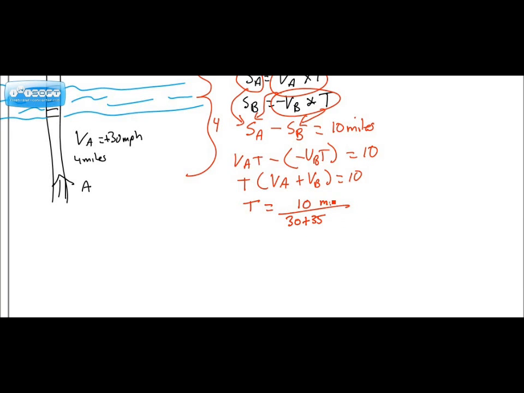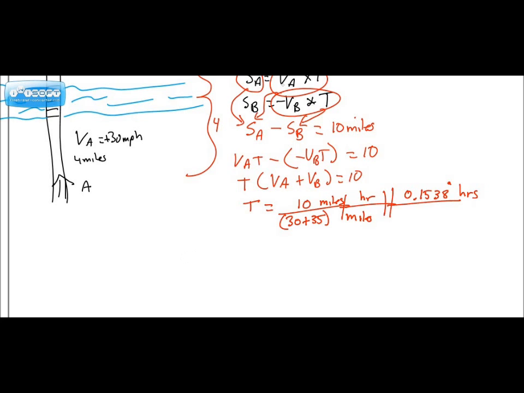This is miles. These two are in miles per hour. This gives us 0.1538, storage location A, hours. Now we know they're going to collide in 0.1538 hours. So now we need to figure out where they are going to collide.